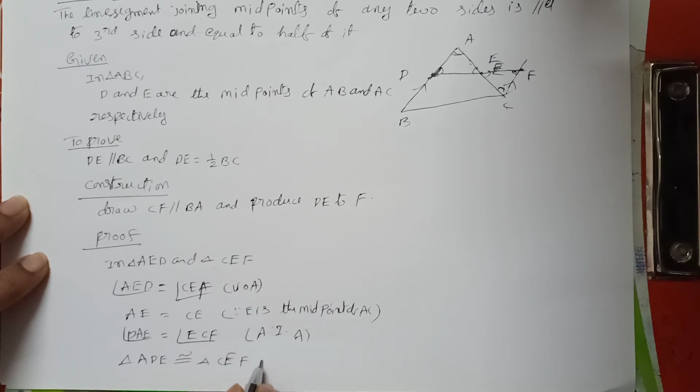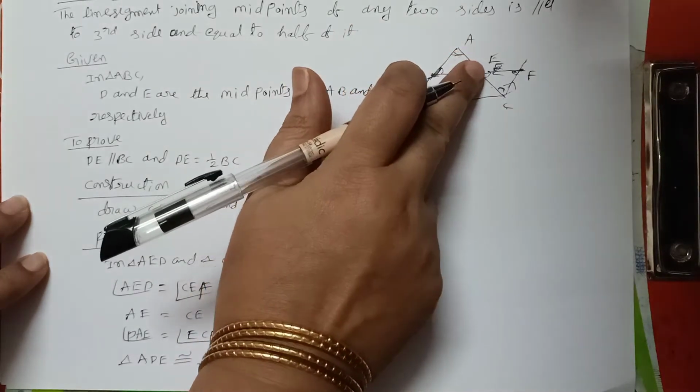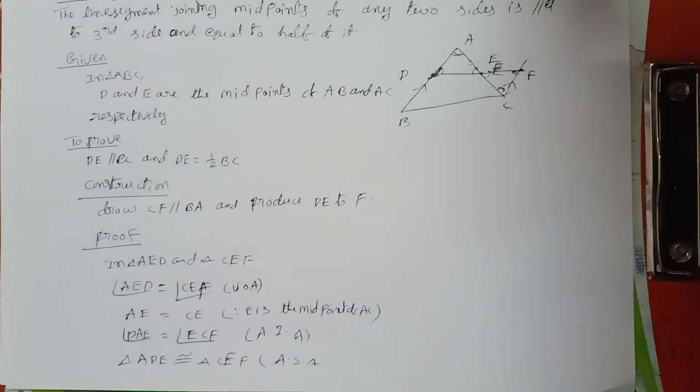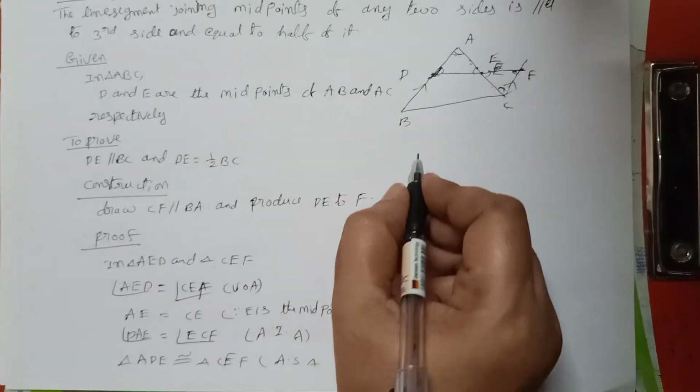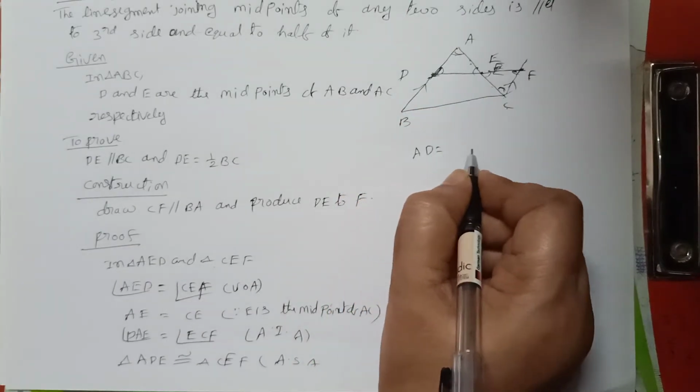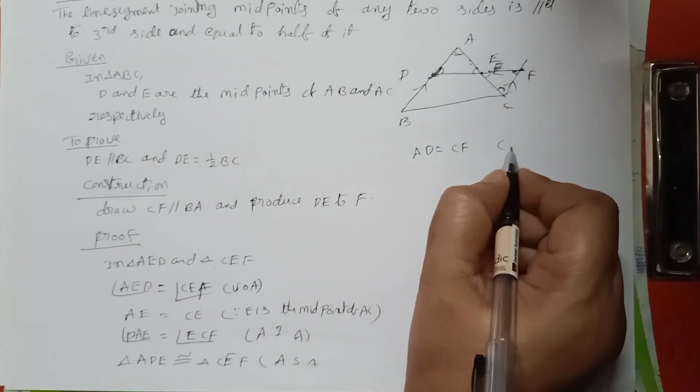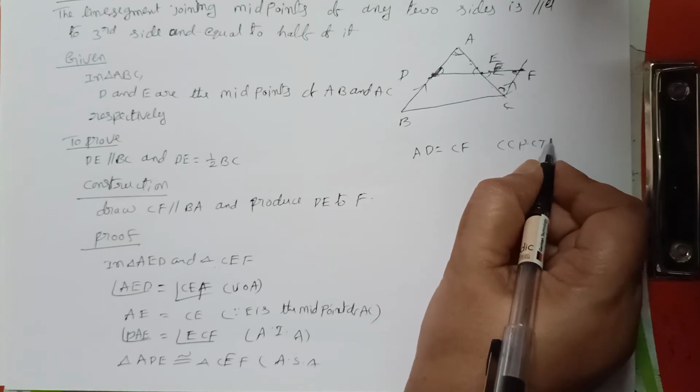By ASA, angle, side, angle, these two triangles are congruent. If two triangles are congruent, all the corresponding parts are equal. So you can write AD is equal to CF, corresponding parts of congruent triangles.